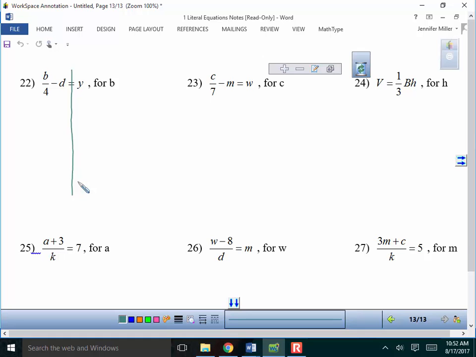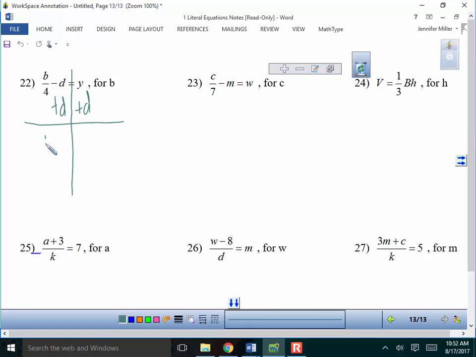Brianna, how do you want to start this problem off? Okay, well, just give me an idea. Okay, well, B is not by itself, so did you say add D? Add D, yes, adding D is great.